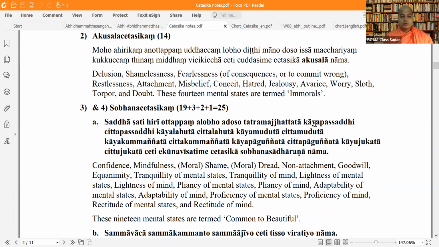Now, what does it mean by Kaya Sankara in this respect? It is your breath, breathing in, breathing out. In this state of meditation, it is so subtle that it cannot really be felt.